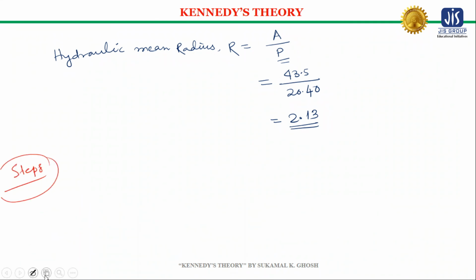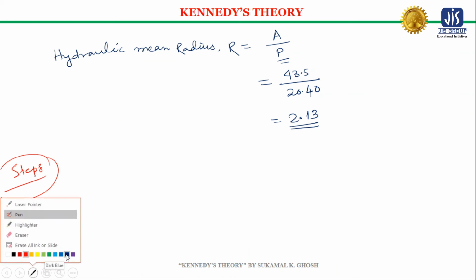We need to calculate the actual mean velocity using Kutter's formula.